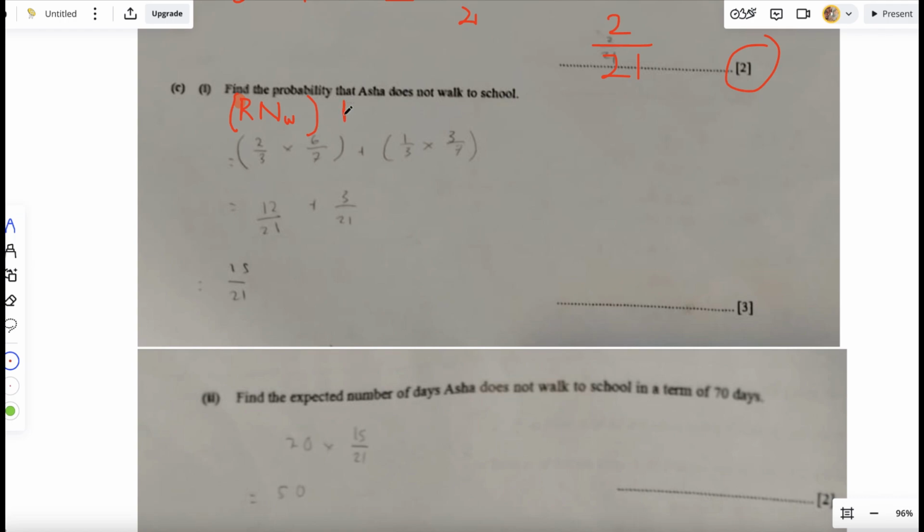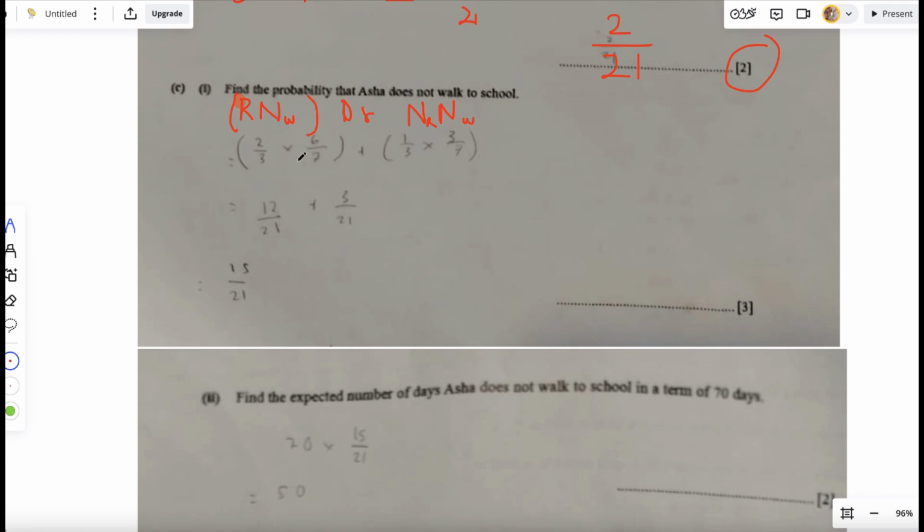Let's use or first so that you understand. These are the options where Aisha does not walk to school. Find the probability that Aisha does not walk to school: always 2 scenarios, 2 branches. When it rains, Aisha does not walk, or it doesn't rain, Aisha also didn't walk to school.